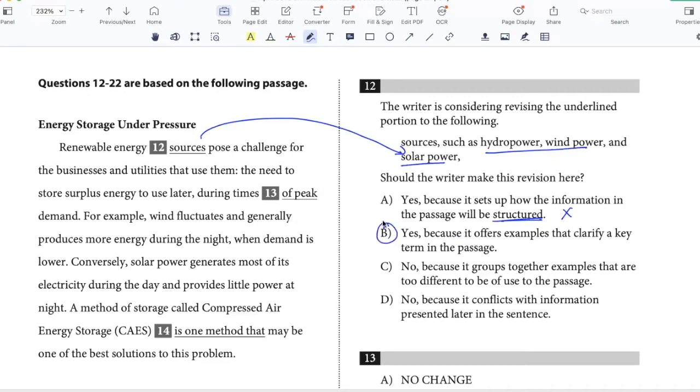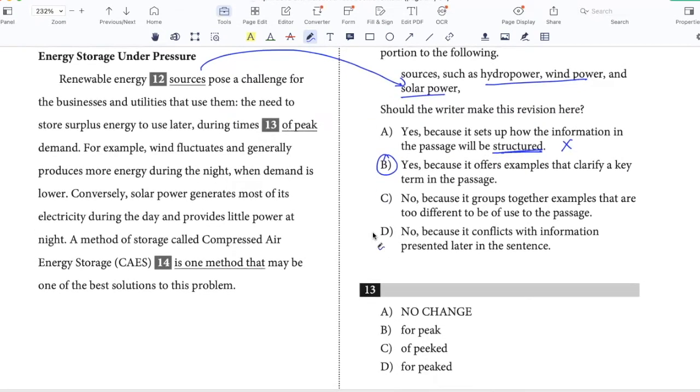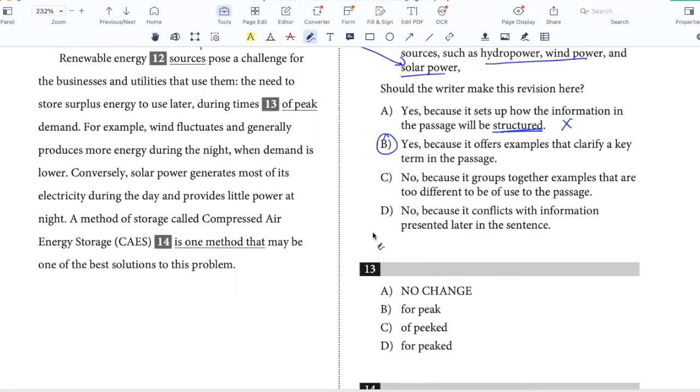So B. The need to store surplus energy to use later during times of peak demand. So here I am talking about peak demand at its highest. So the way it's written is correct. So I like A. During times of peak, not for peak. So this is wrong.